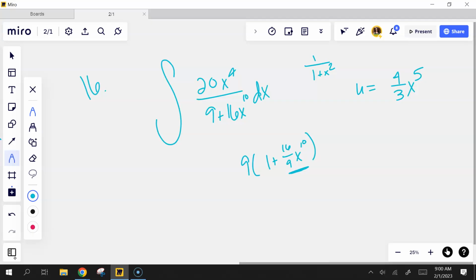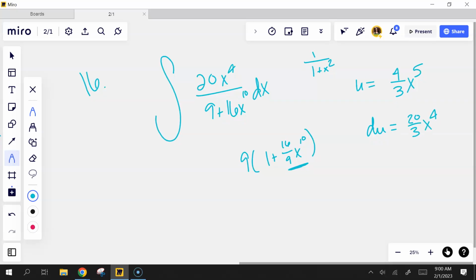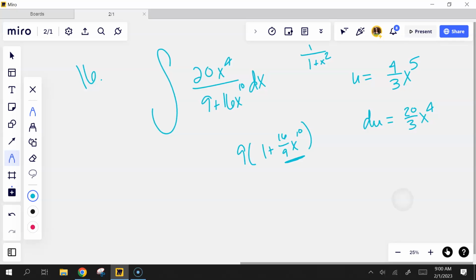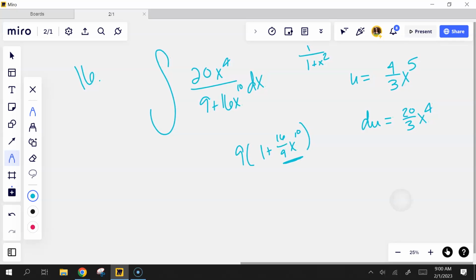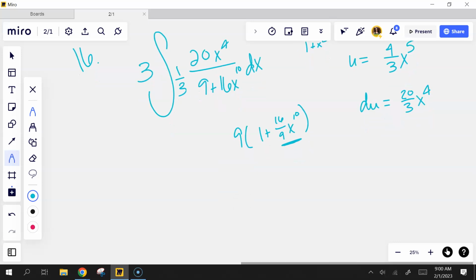So if I let that be u, du would be 20 over 3 x to the 4th, right? I've got 20x to the 4th, I just don't have the 1/3. Let me see if this works.